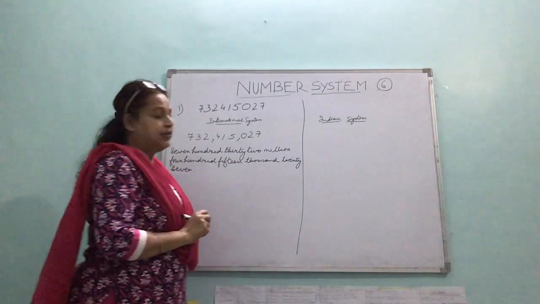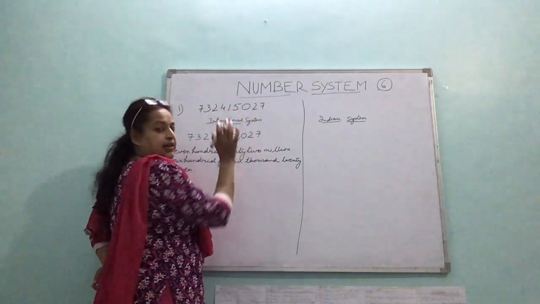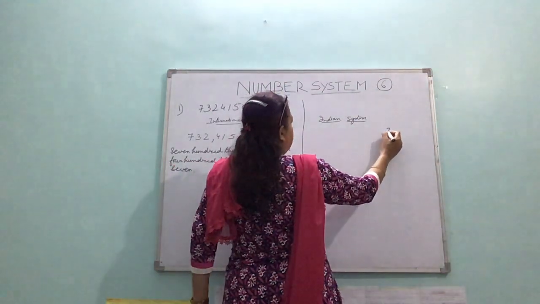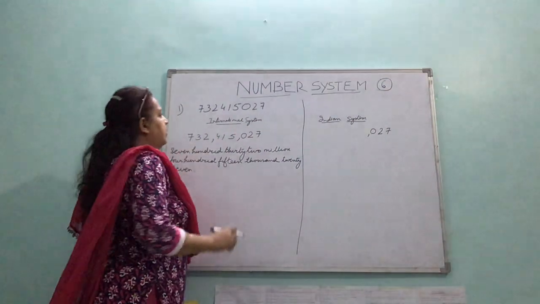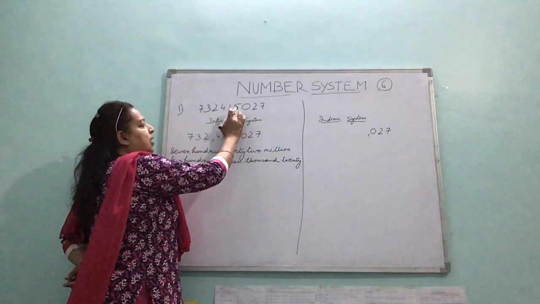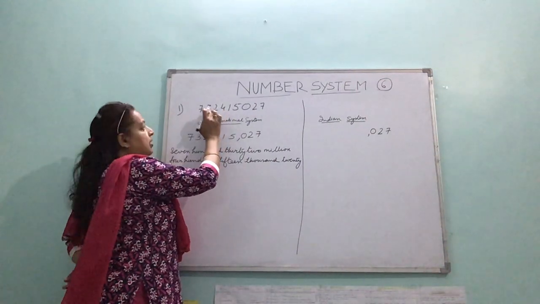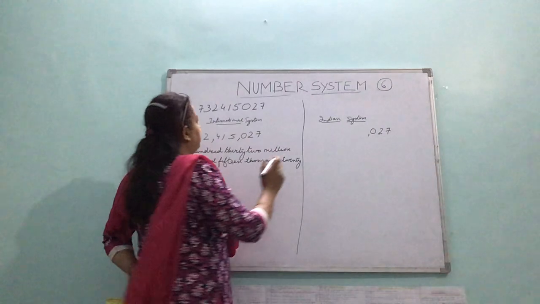Now in the Indian system, the first three remain the same. Ones, tens, hundreds, that's the same period. The ones period remains the same. So it is ones, tens, hundreds. Then starts 1,000, 10,000, lakh, 10 lakh, crore, 10 crore. After every two digits we put a comma.